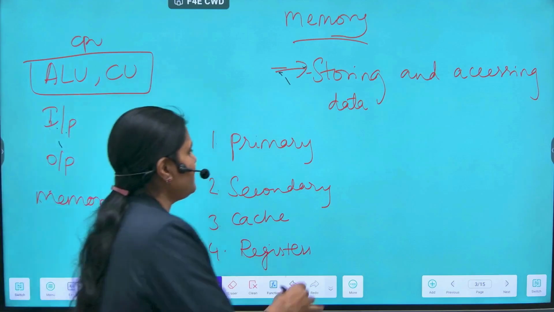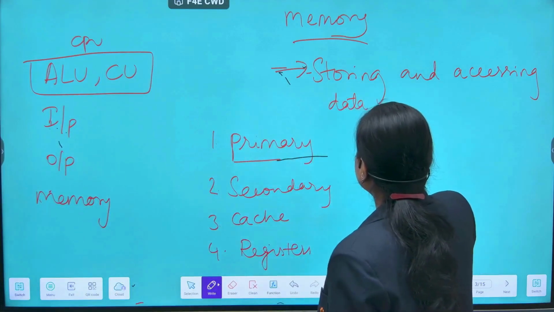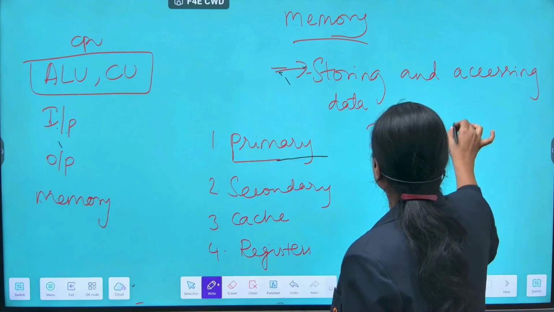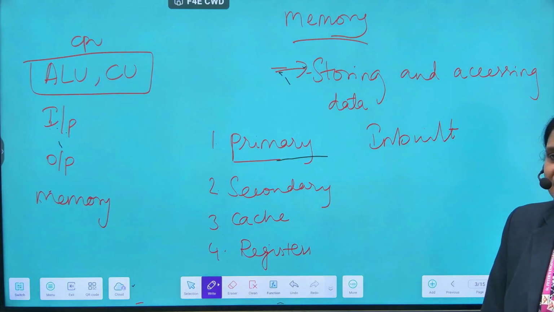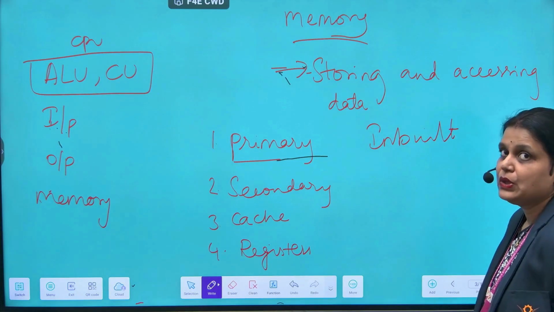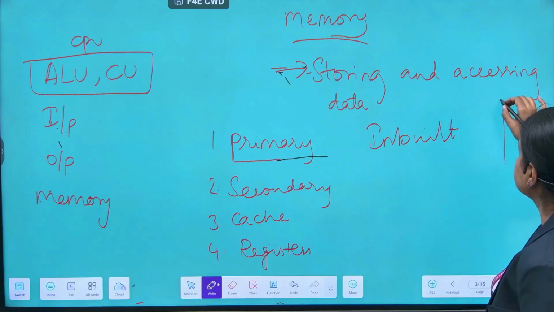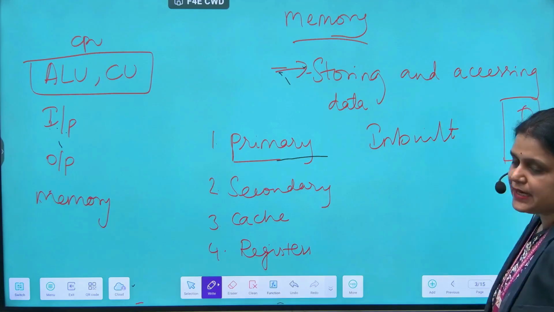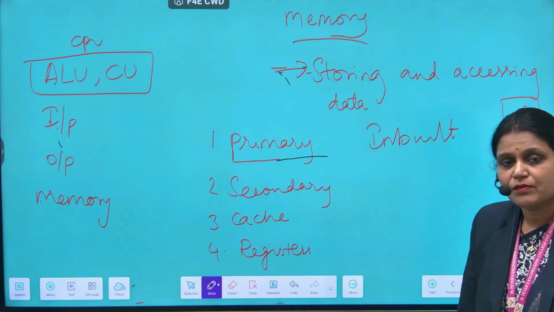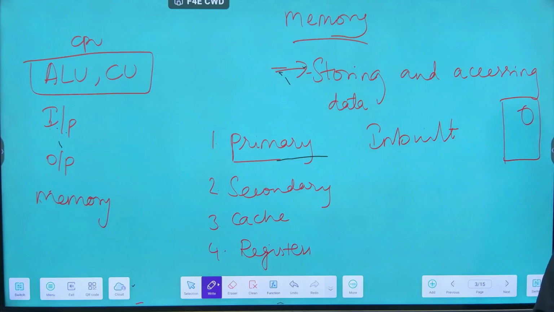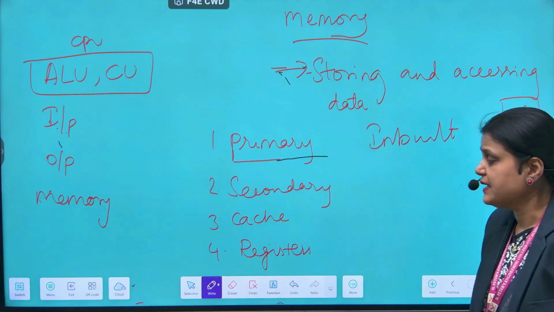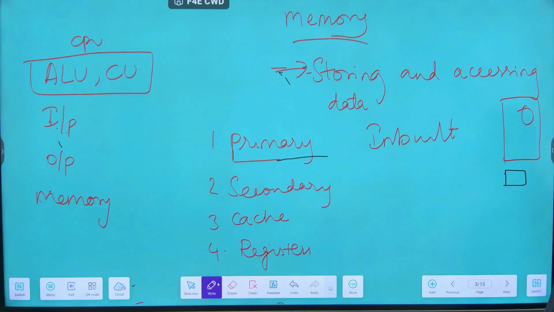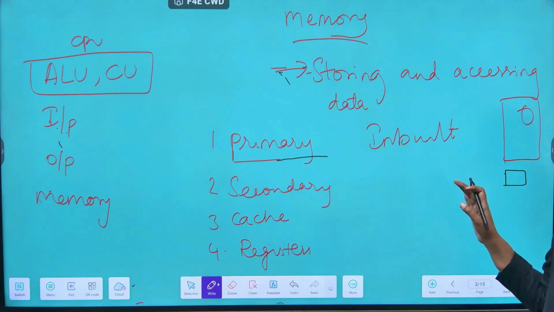Primary memory is nothing but inbuilt memory. An example is the latest mobile phones that we are using now, which have inbuilt memory in them. Earlier, for storing data we were using SD cards, but now we are using phones with inbuilt memory.